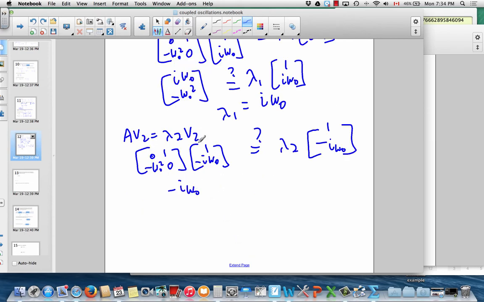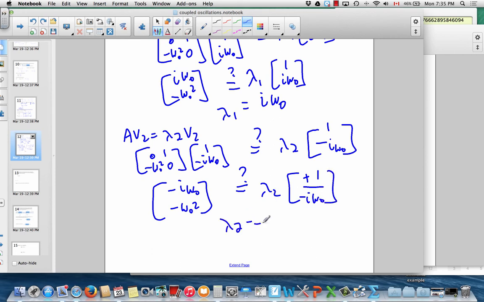And then here we get minus omega naught squared. And now we ask the question, what would the second eigenvalue be? Well, we see it's, oh, that's horrible, that's supposed to be equals. We see that it is minus i omega naught.